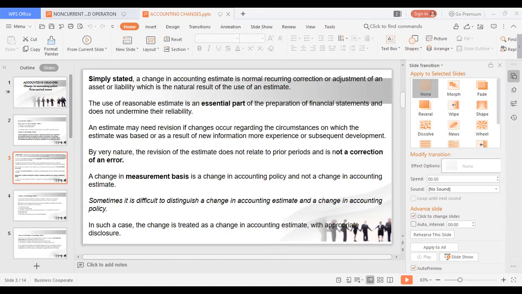The patent was purchased on January 1, 2015 for 3 million with the estimated residual value of 0. The entity decided on January 1, 2020 to change the depreciation method from accelerated to straight line.